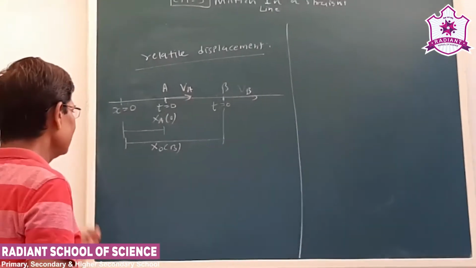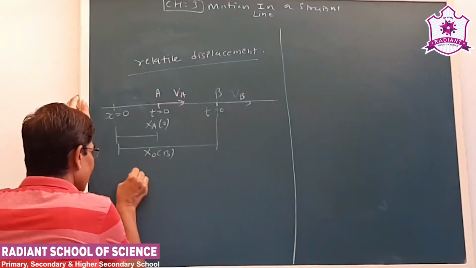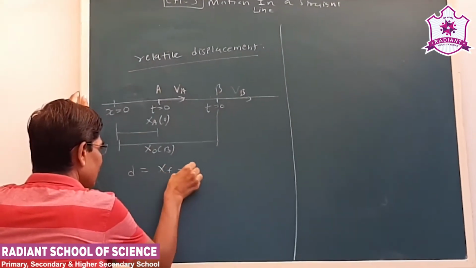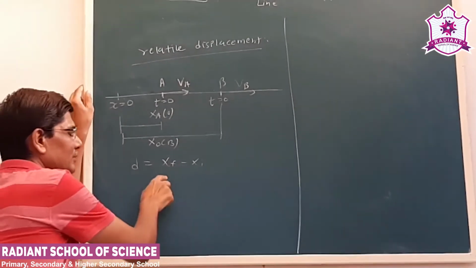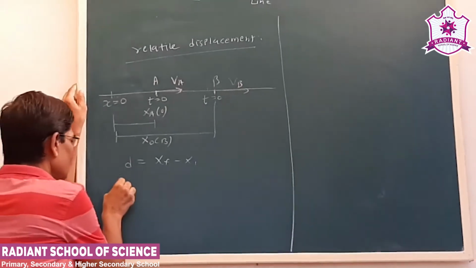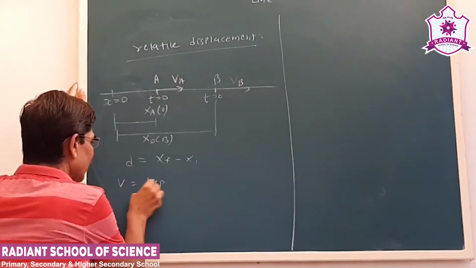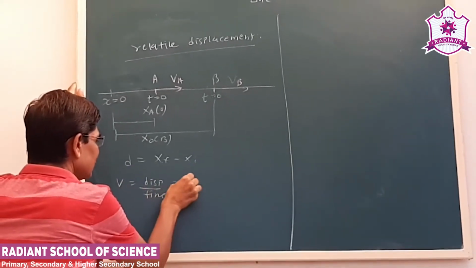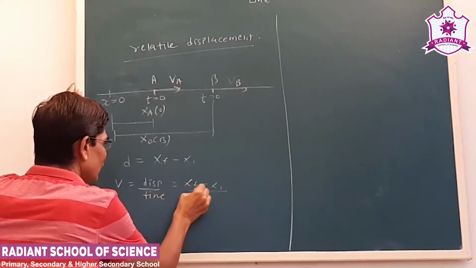Recall the formula of displacement: xf minus xi, where xf is the final position and xi is the initial position. Now we know velocity is displacement upon time, that is xf minus xi upon t.